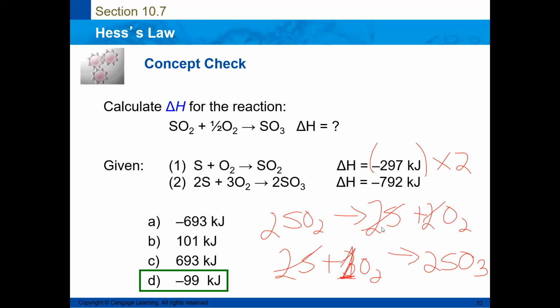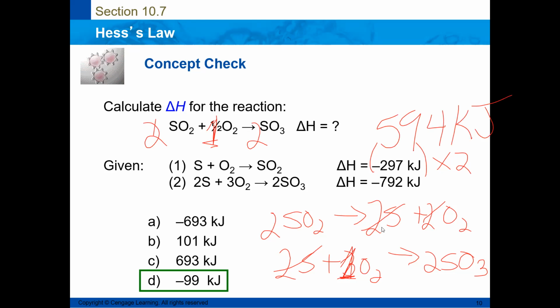Let's see. So you got 2 SO2s, 2 SO3s, and 1 oxygen, right? That makes sense. Okay, so now we know that when we multiply this one and we reverse it, that is going to be negative, so it's going to be 297 times 2. 297 times 2, that's going to give us 594 kilojoules.